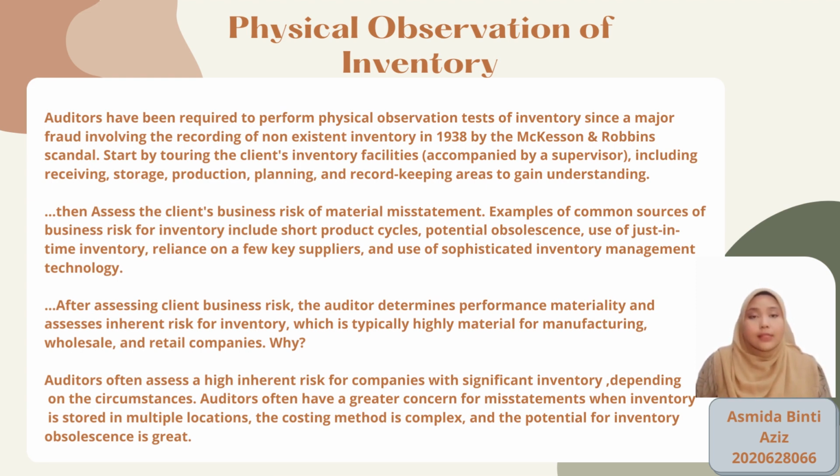Then, they assess the client business risk of material misstatement. Examples of common sources of business risk for inventory include short product cycles, potential obsolescence, use of just-in-time inventory, reliance on a few key suppliers, and use of sophisticated inventory management technology.